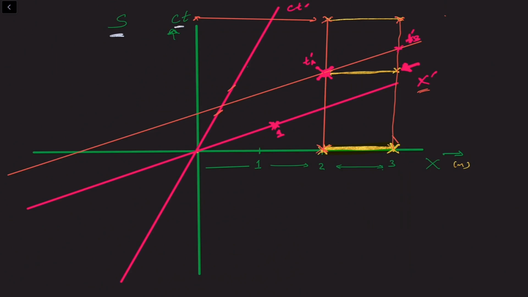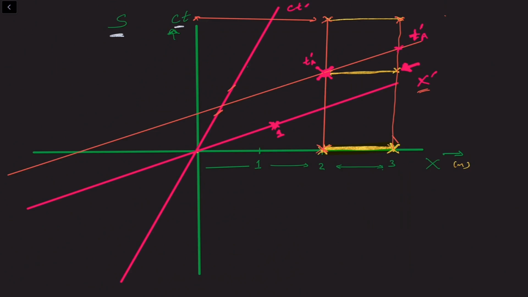tb prime is the same as ta prime because they lie on the same grid line of constant t prime. And so now, according to observers in frame S prime, we're able to locate the endpoints of the rod simultaneously.